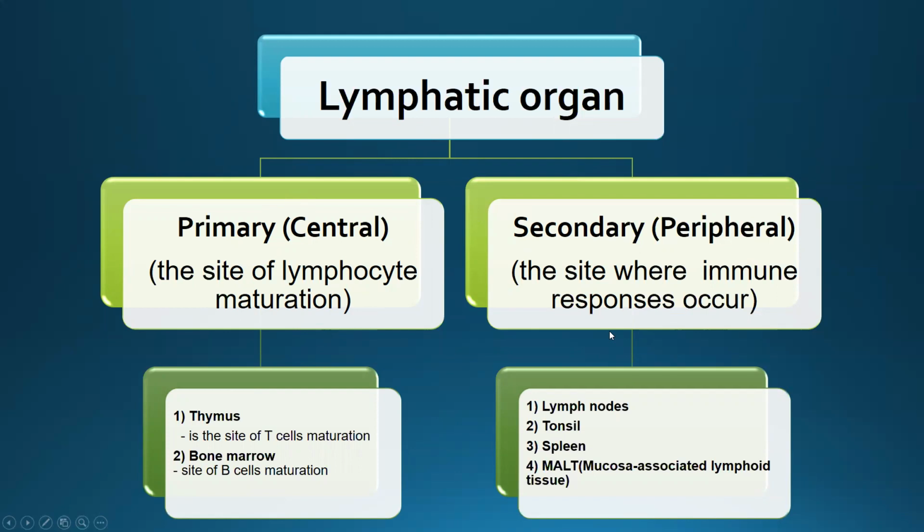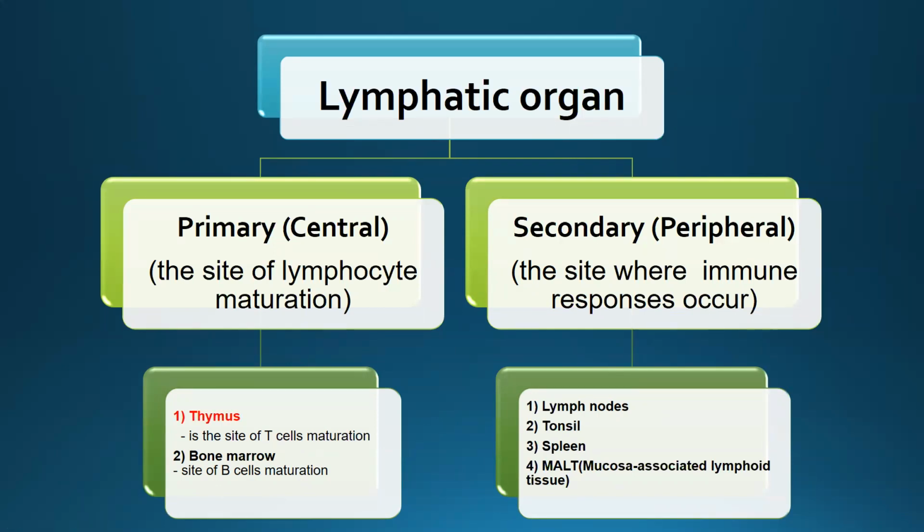The secondary, which is the peripheral, is the site where immune responses occur. For the primary, the thymus is the site for T cell maturation, and the bone marrow is the site of B cell development and also maturation. For the secondary, there are lymph nodes, the tonsils, the spleen, and also MALT, M-A-L-T, which is mucosa-associated lymphoid tissue.